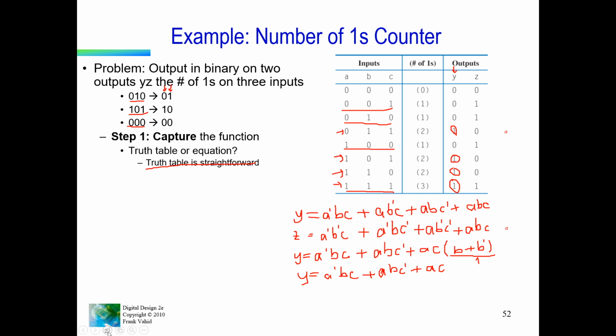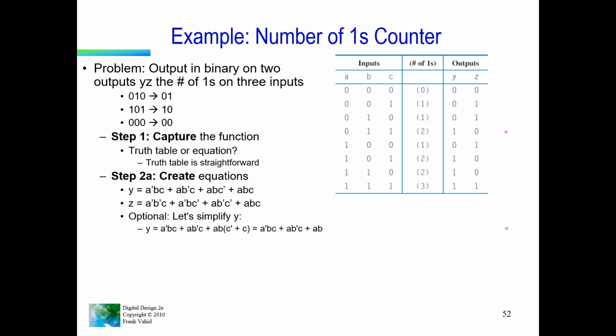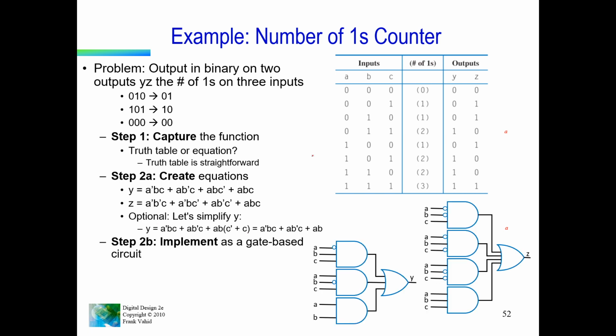Now, before continuing on, let me erase the ink on the slide. For instance, it does a similar method. It simplifies Y, and in implementing Y, it uses only a 2 input AND here instead of a 3 input AND. For Z, he couldn't simplify that, so he draws Z as it is shown here.